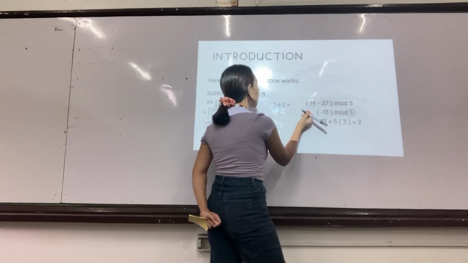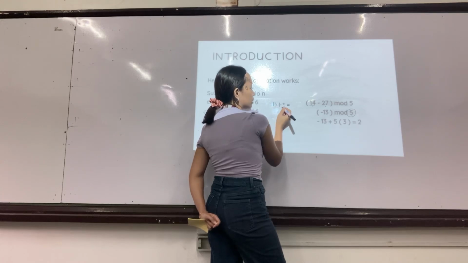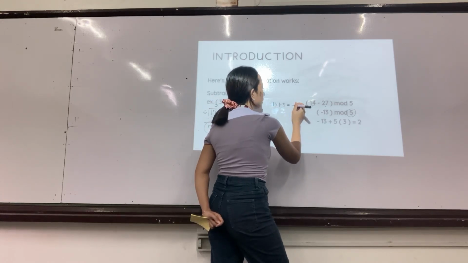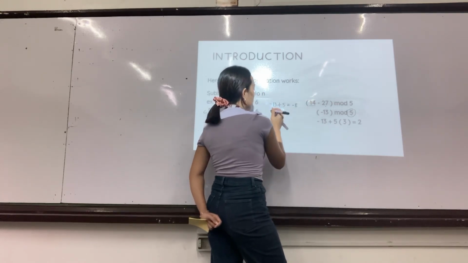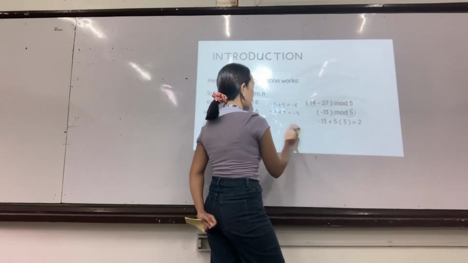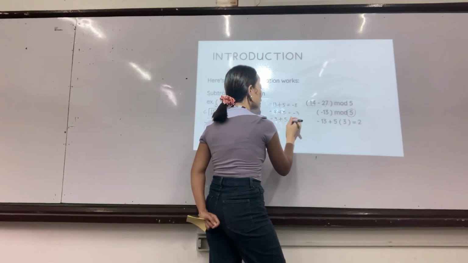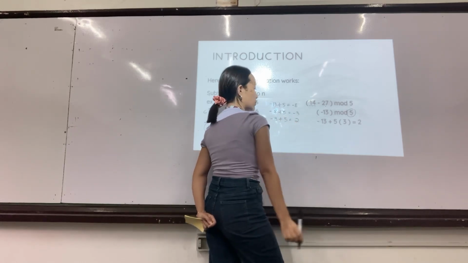Now, let us try solving using the multiples of 5. Negative 13 plus 5 is equal to negative 8. Negative 8 plus 5 is equal to negative 3. And then negative 3 plus 5 is positive 2.